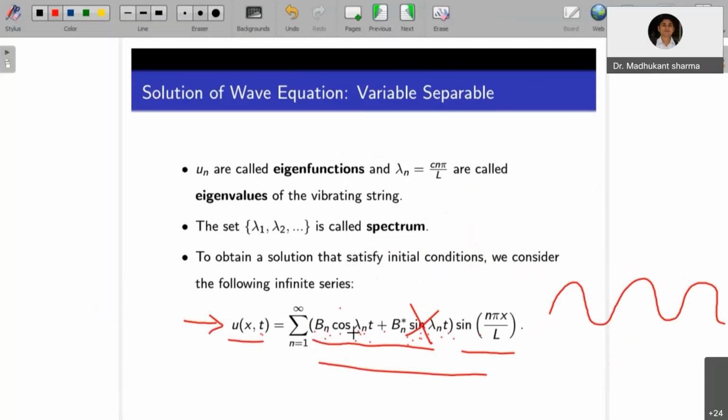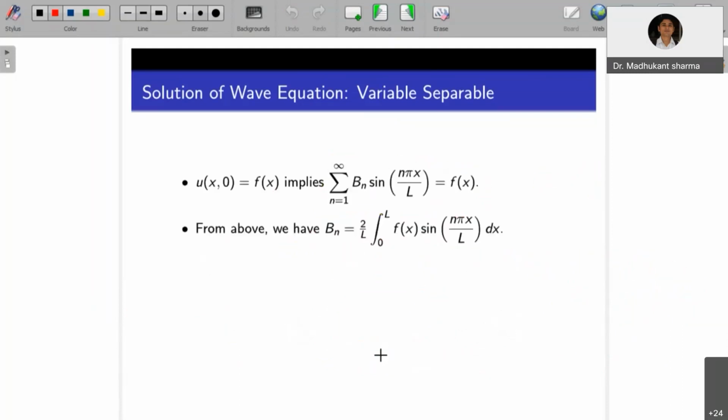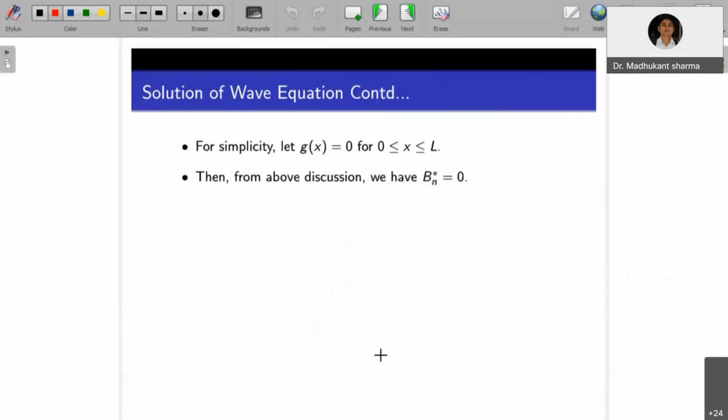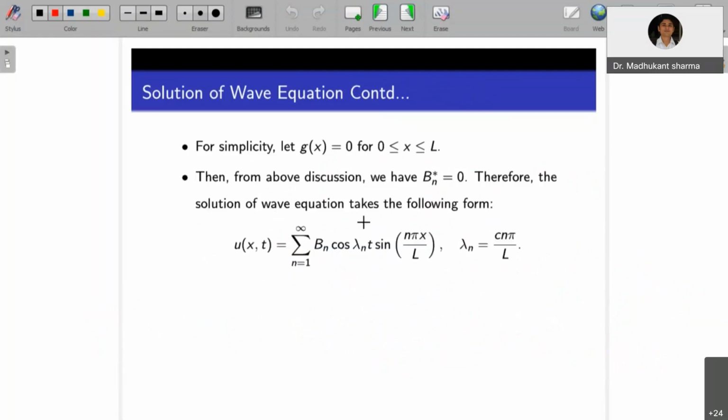Now, cos lambda n t into sine n pi x, so it's kind of cos a sine b or sine a cos b. So you multiply and divide by 2, use the sine a cos b formula and simplify it. It will take some simple shape. So from our discussion, we have bn star is 0, so the solution of the wave equation takes the following form.